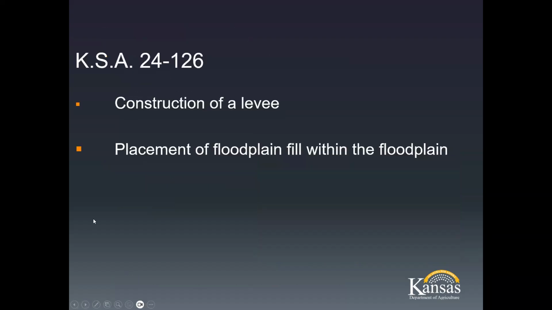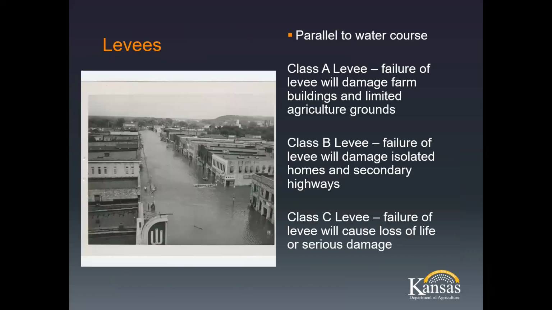So now we're going to turn to K.S.A. 24-126, construction of a levee or placement of floodplain fill within a floodplain. So let's talk about levees. This is a picture of downtown Manhattan in 1950. I just thought it was kind of a cool picture.